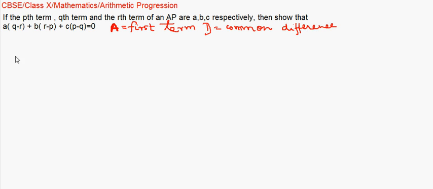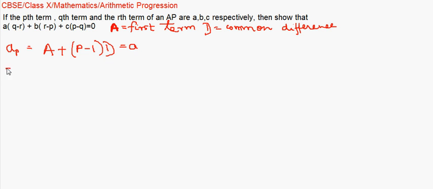Now let us find out the pth term. So we have to find AP. AP becomes A, that's the first term, plus (P minus 1) D. This is already given to be a.